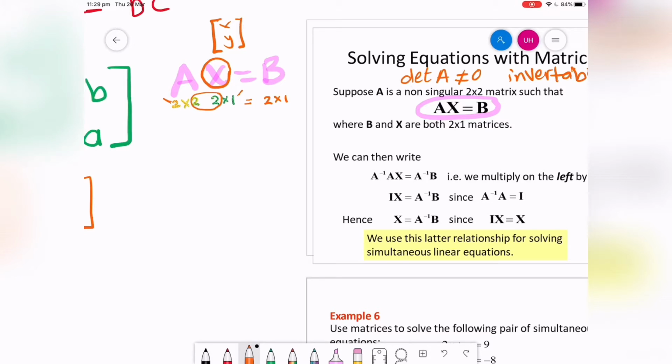So, to find X, we multiply both sides by A inverse.